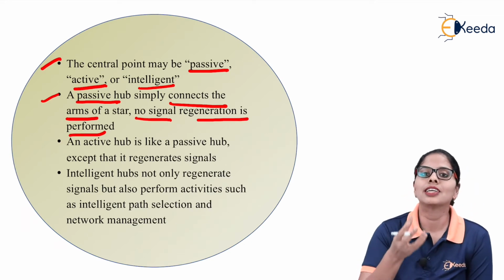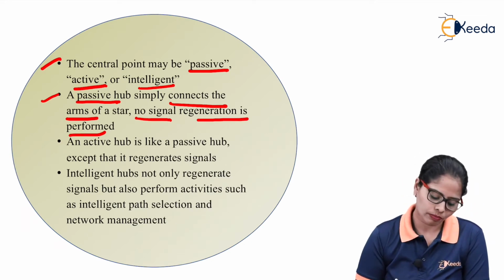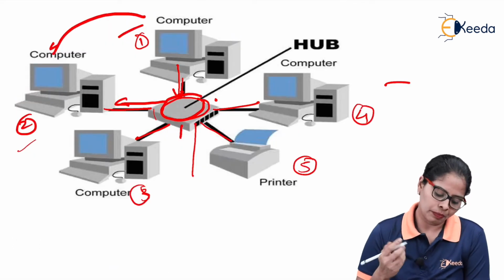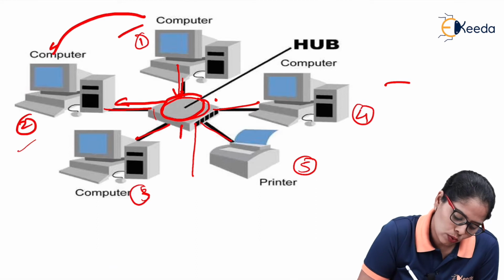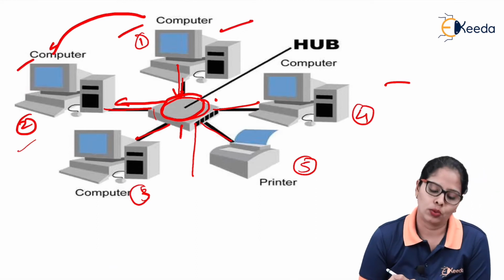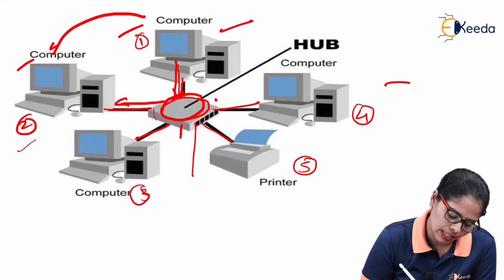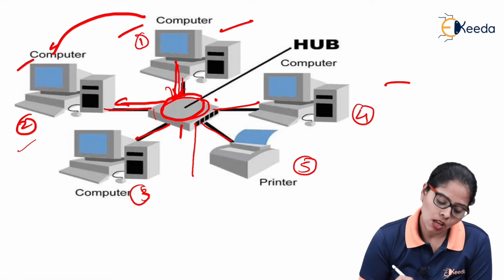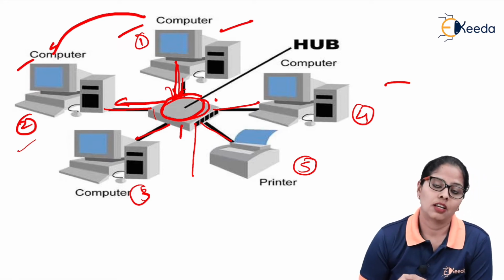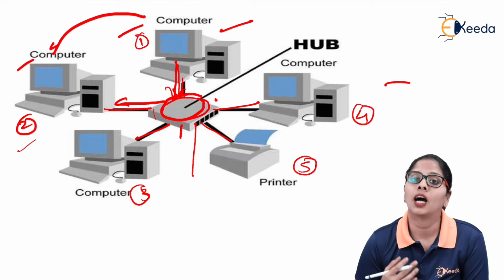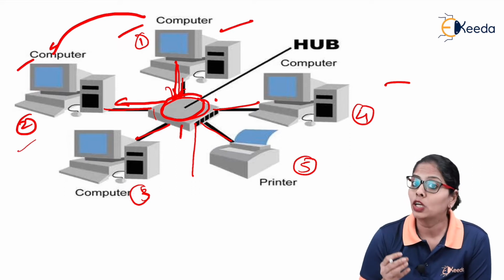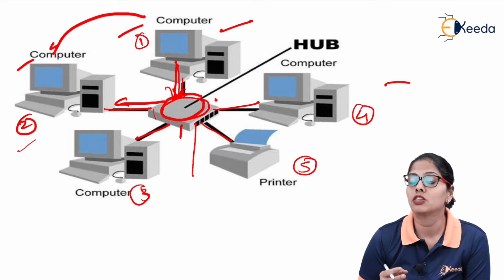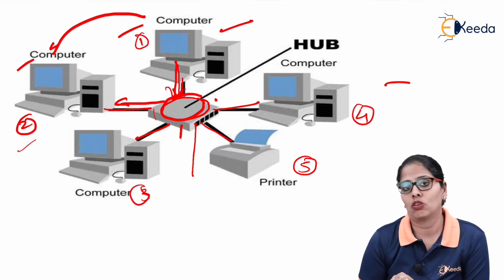So whatever signal it gets from the device. For example, now my computer 1 wants to send information to computer 2. So what will it do? First it will send the data to the hub. Then, as you know, the distance between the hub and the computer may be large, and because of that your signal may get distorted.